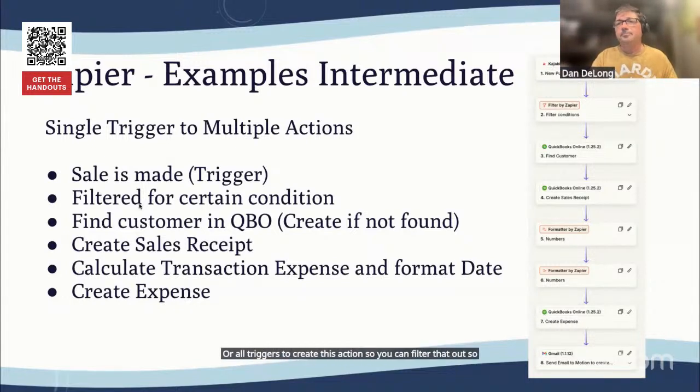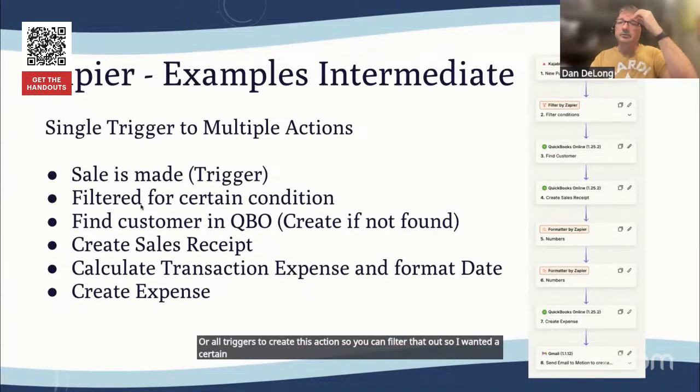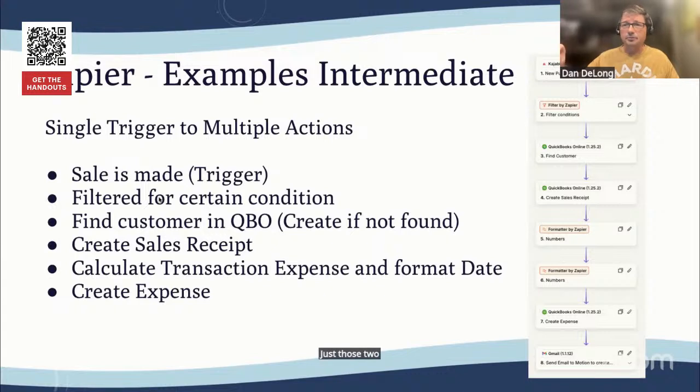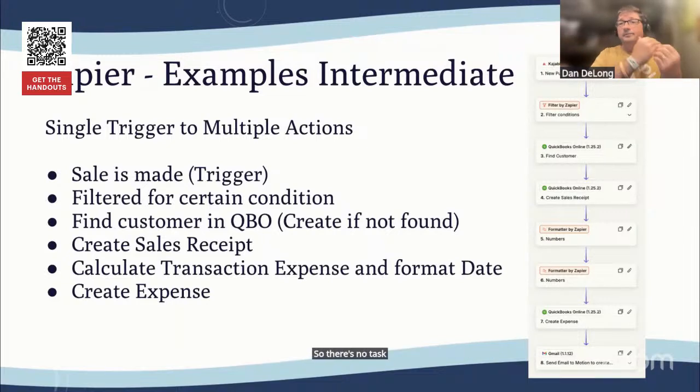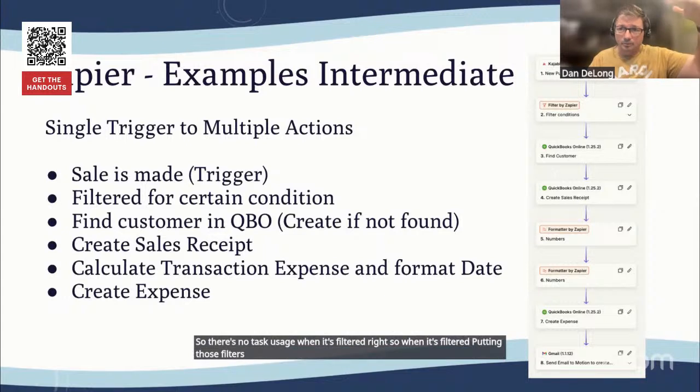I wanted certain types of sales to run this app. Just those two things, the sale and the filter, don't cost me any tasks. There's no task usage when it's filtered. Best practice is to put the filters up first, so that you don't have task usage.